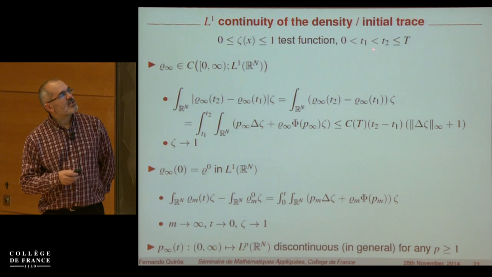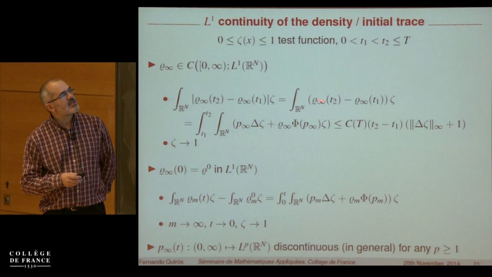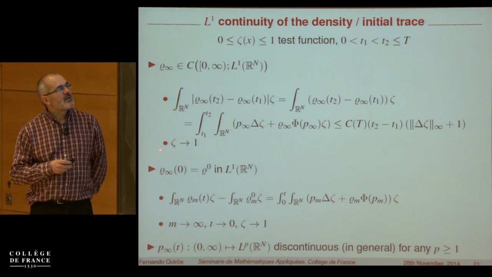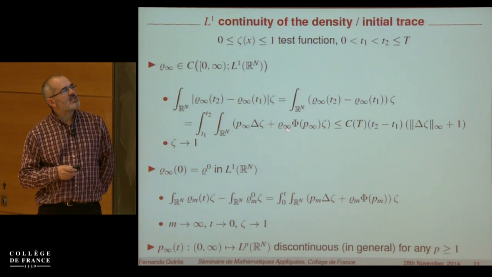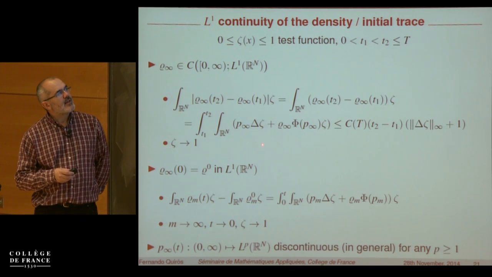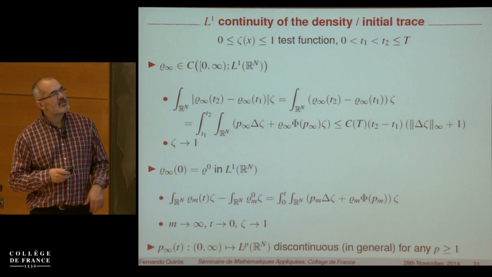Since this is monotone, with T2 greater than T1, we can remove the initial values, and then I can put this as an integral in time of rho_t, and then I use the weak form of the equation, and all these things are controlled, and then you can control this integral. Then what you get here is a constant times T2 minus T1. And then you let that go to 1.